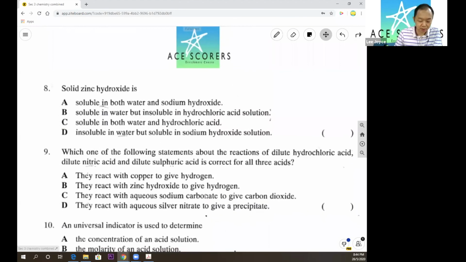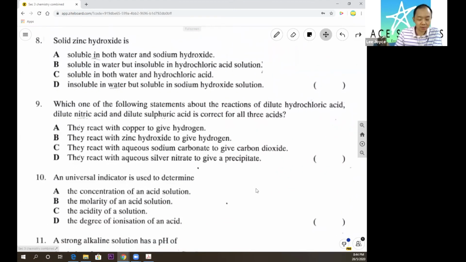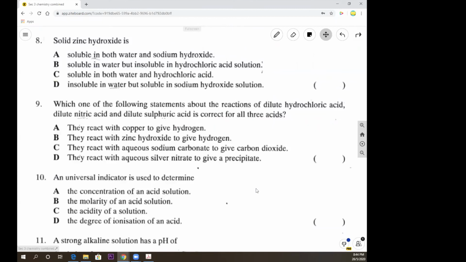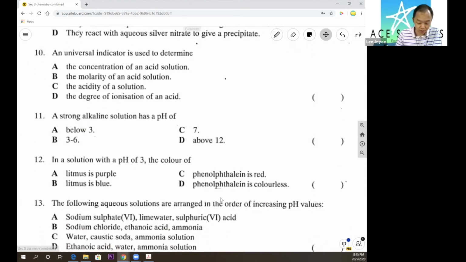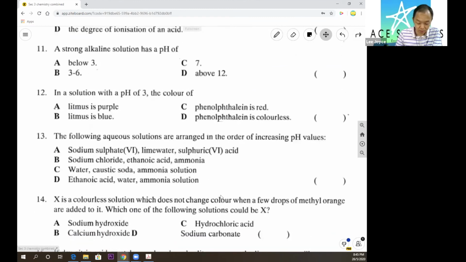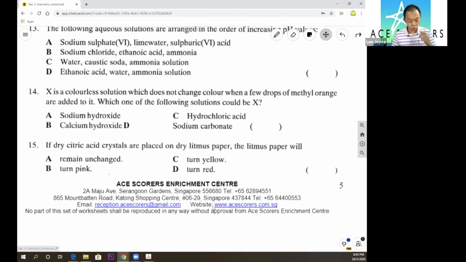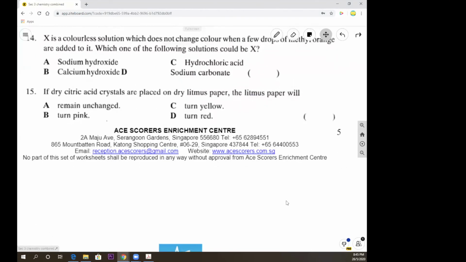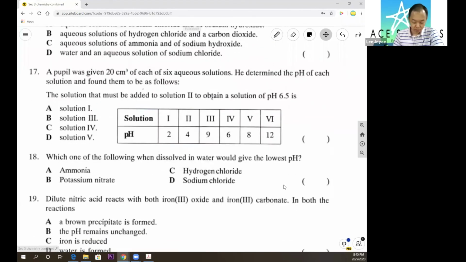Okay, wait. Zinc hydroxide is what? Wow, this one don't want. Because there are some that you never memorize, right? So it's not fair to test. Which one of the following? Three. Wow, this one also haven't done yet. Sorry, light. Color. Okay, I'm gonna find the one that is relevant.